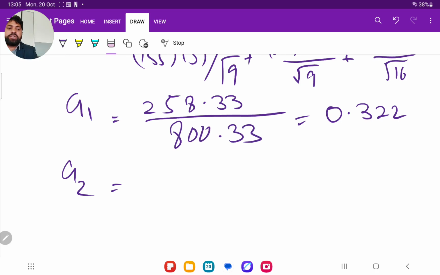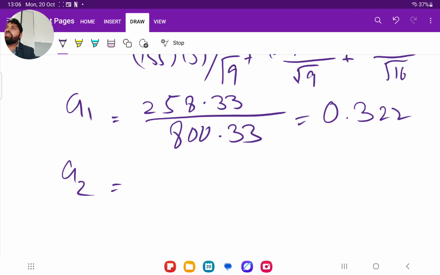So what is the final answer then? It's approximately 0.322. Okay, so we'll keep two decimal places, and 0.322 is fine.